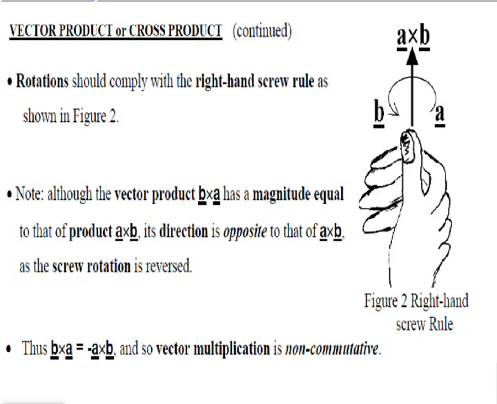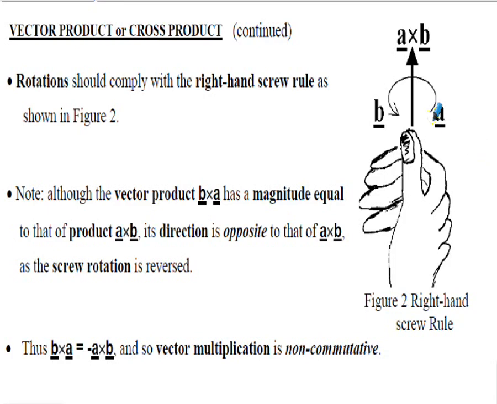So as stated on the previous slide, we need to be very careful about noting the rotation of the vectors, as this determines the direction of the cross product. Figure 2 on the right hand side here shows a hand, not drawn particularly well, so you can see why I never passed my A-level art, but it does indicate how the right hand screw is applied.